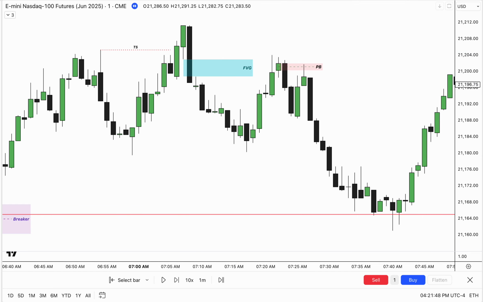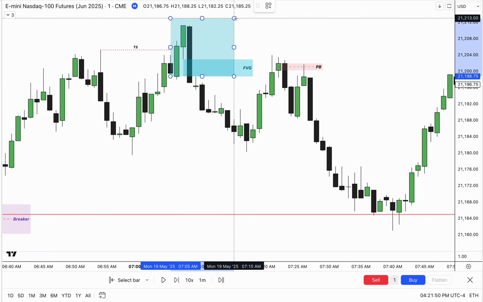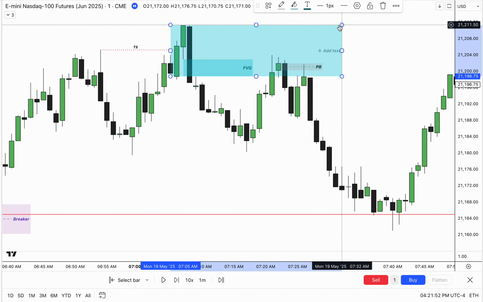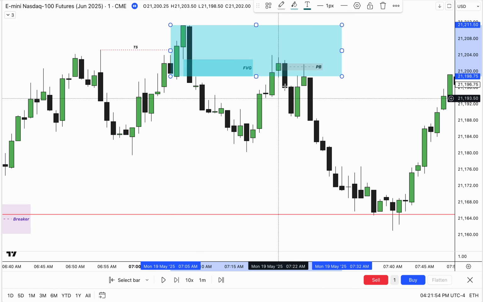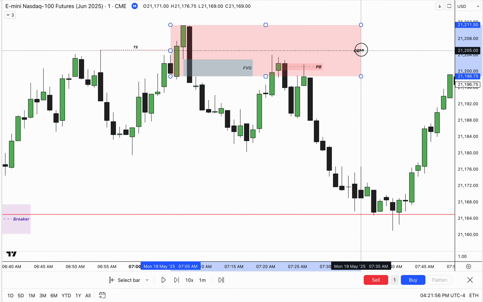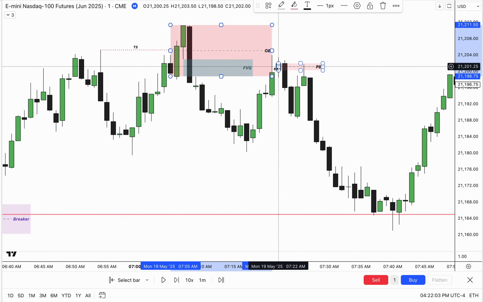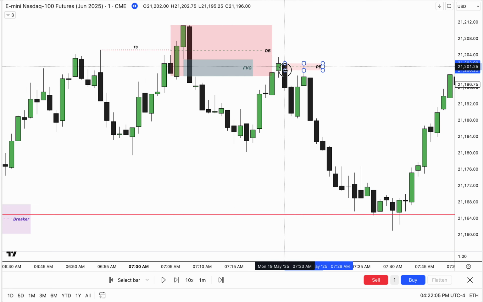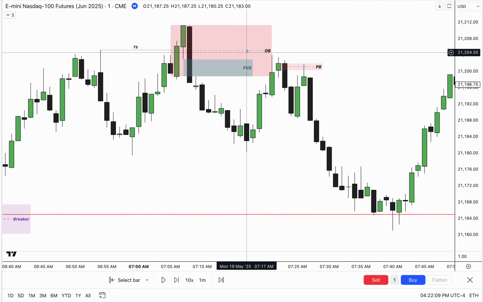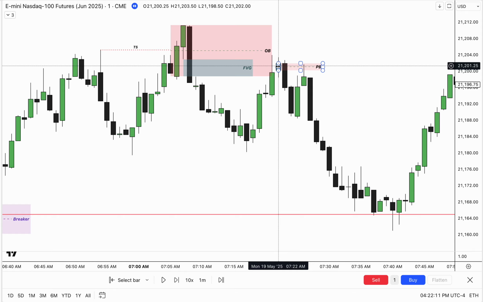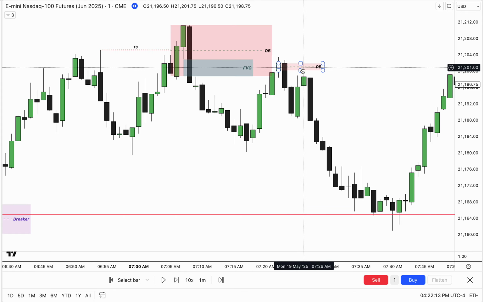Order block here. That's the order block with a fair value gap. Once we trade lower, that up close candle there is the propulsion block. Order block, second order block, which is the propulsion block.